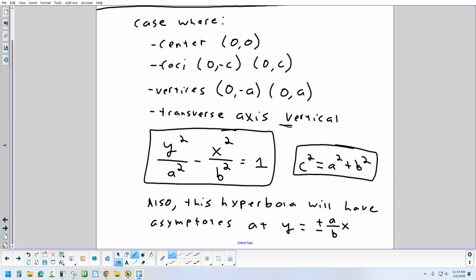And your slope, vertical, A over B. VAB. Vertical is A over B. Still equal to 1. Still have the subtraction sign. A squared is first, B squared is second. None of that changes. The formula that connects A, B, and C, that doesn't change either.